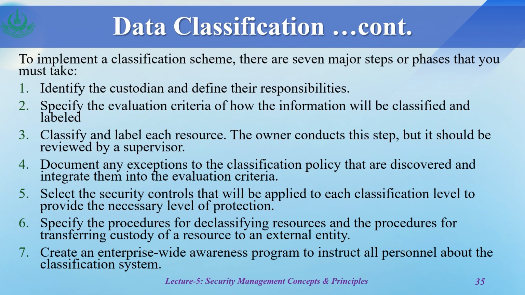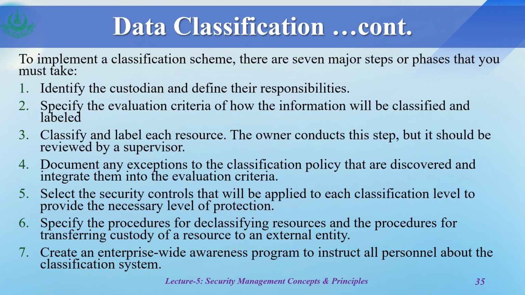Third is classify and label each resource within the realm. The owner conducts this step, but it should be reviewed by the supervisors. Fourth is document any exceptions to the classification policy that are discovered and integrate them into the evaluation criteria.